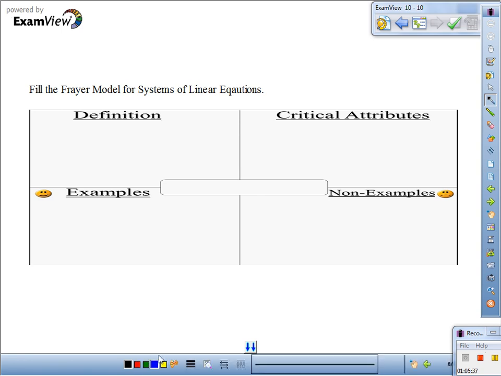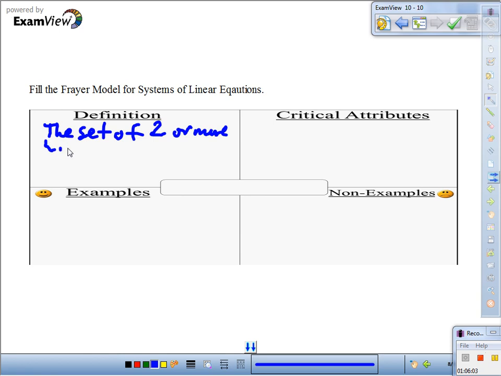Definition. Let's see, someone from over here. Ivan. The set of 2 or more linear equations with the same variables.